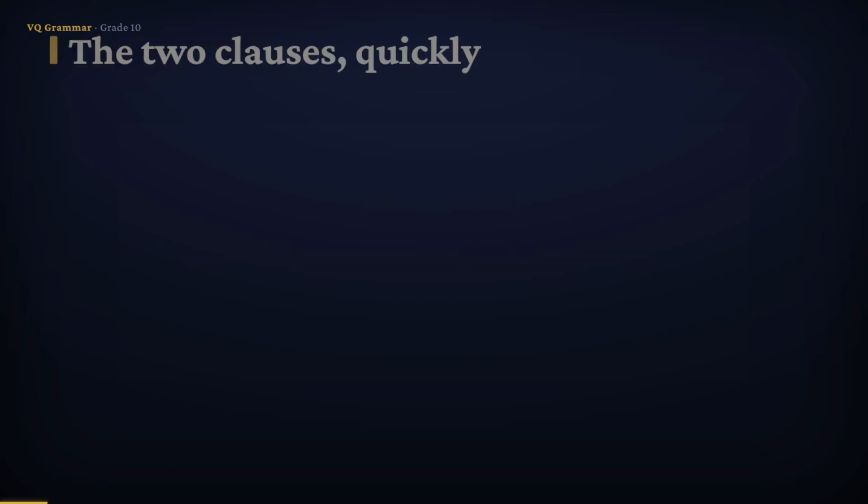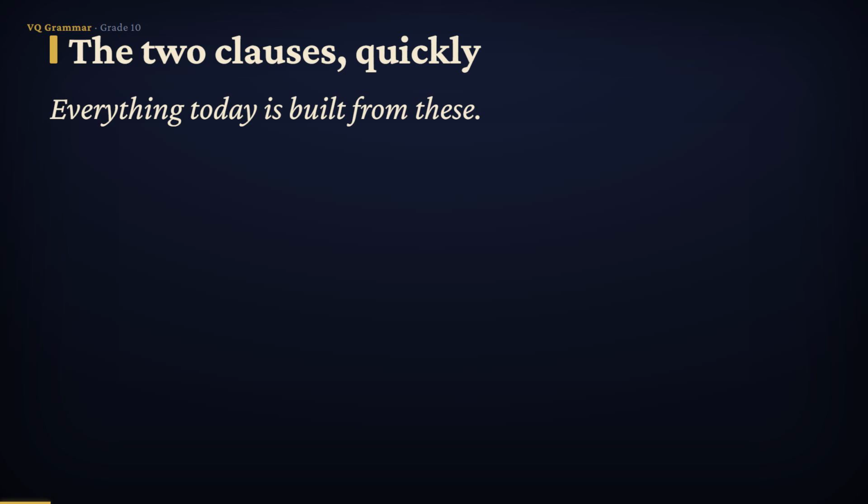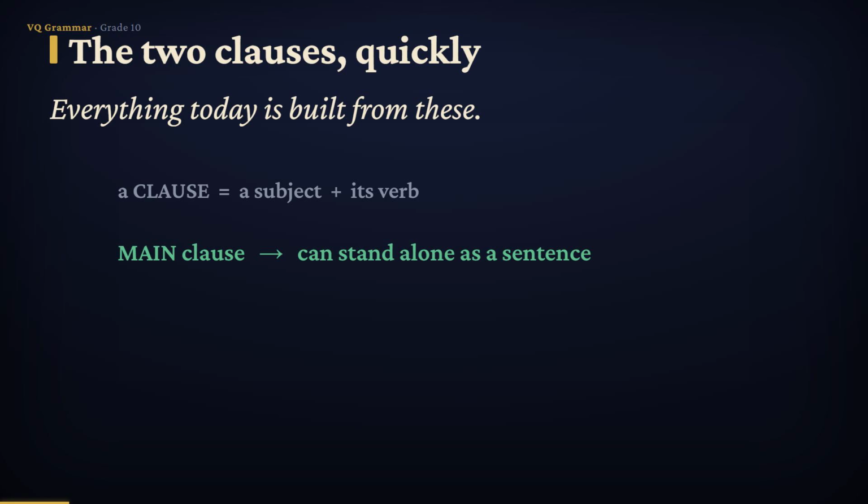Let's go. Before we build anything new, let's dust off the two pieces we already own. A clause is a group of words with a subject and its own verb. There are only two kinds. A main clause can stand alone as a complete sentence. Cut it loose from everything else and it still makes sense. A subordinate clause cannot stand alone.